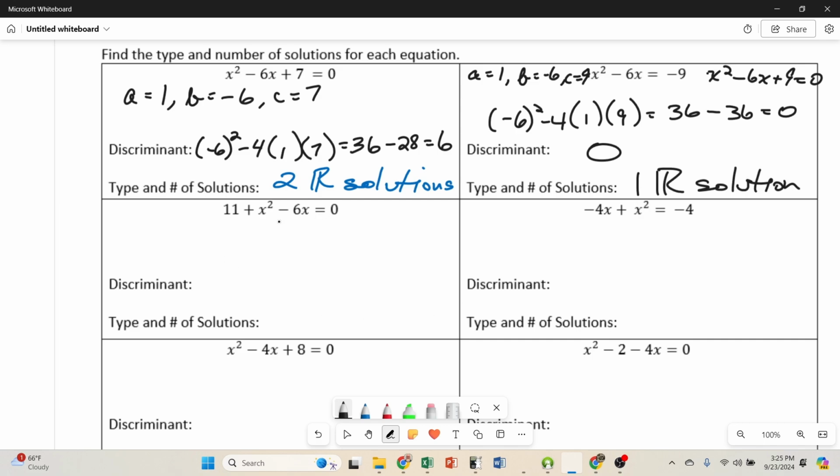All right, get this one written in descending order. So I've got x squared minus 6x plus 11 equals 0. So a equals 1, b equals -6, and c equals 11.